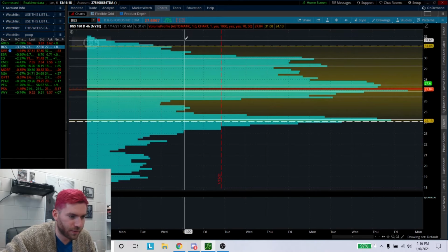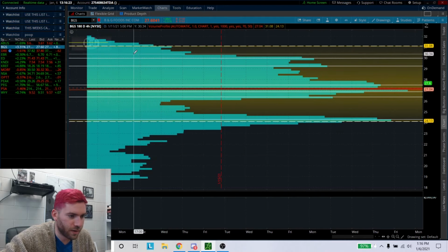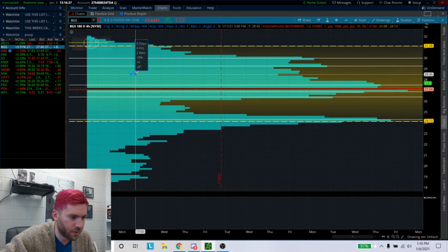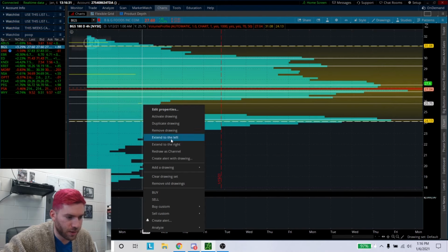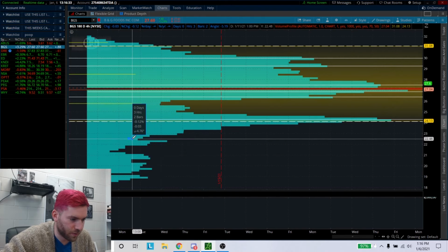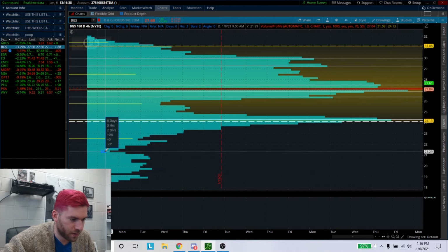Here is a low volume node, extend left. Here is a low volume node, extend left. This is a low volume node, extend left, a low volume node, extend left, and then a low volume node, extend left.